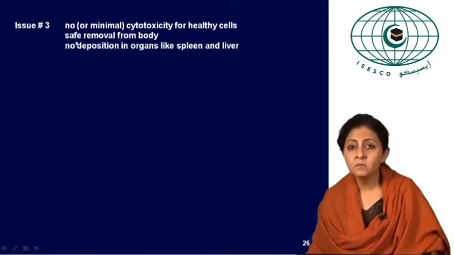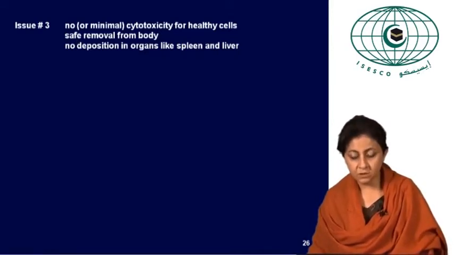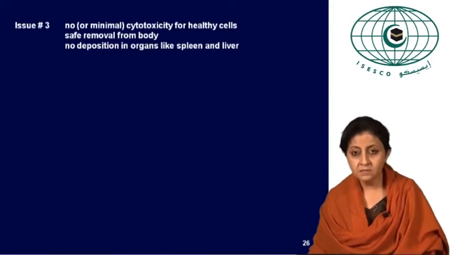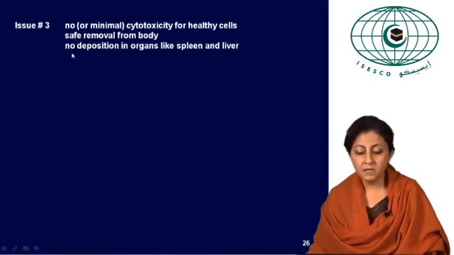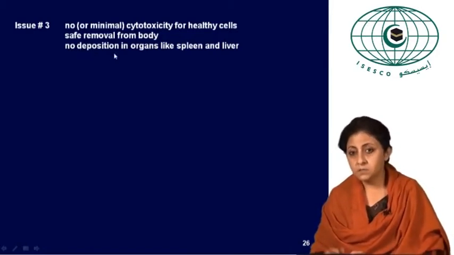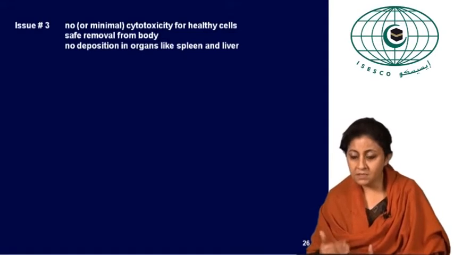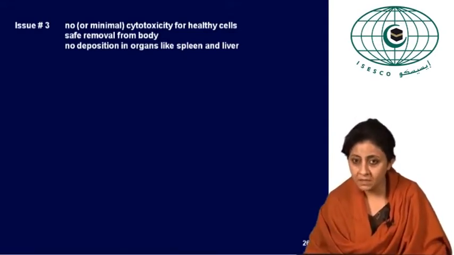The third issue is that the magnetic nanoparticle, or the material we're using, should have no or minimal cytotoxicity for healthy cells. One should be able to remove it safely from the body, and it should not deposit in organs like the spleen or liver. And it is known that gold and silver nanoparticles and metallic nanoparticles have a tendency to do that.